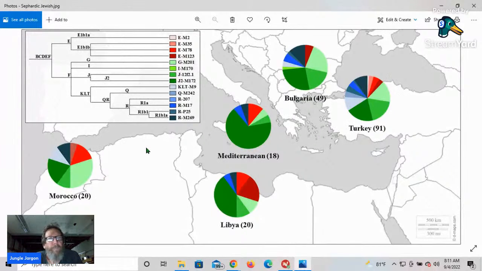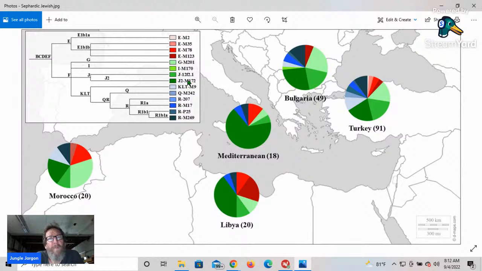So you have the J, you have two haplogroups here of J, J1 and J2, of which J1 can be either Arabic and it can also be tribe of Levi as well, as we'll see in a little bit.